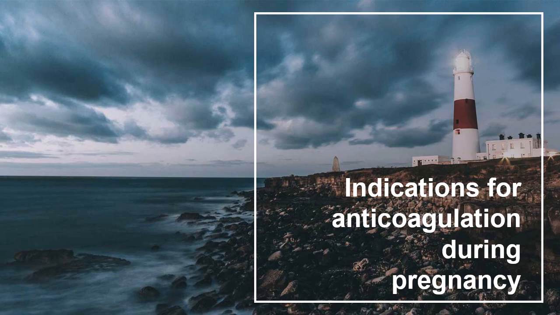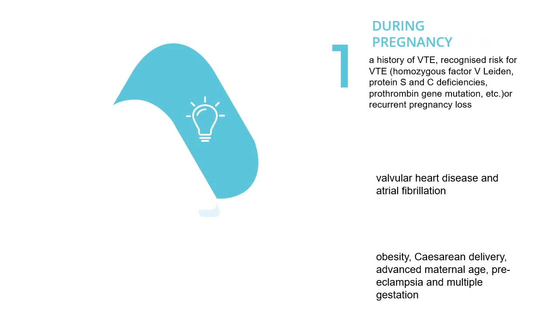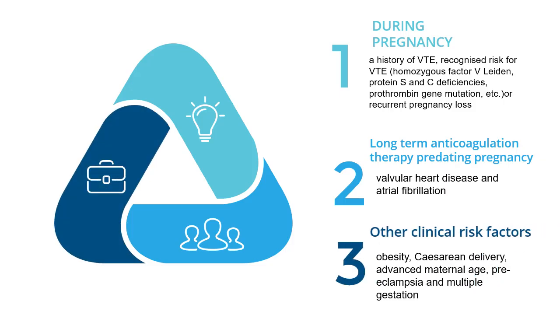Now let's discuss who actually needs anticoagulation during pregnancy. The key indications would be a history of VTE in a prior pregnancy, or even if she was not pregnant, a previous venous thrombosis history; patients who have thrombophilia, such as homozygous factor V Leiden, protein S and C deficiencies; and patients who have recurrent pregnancy loss.